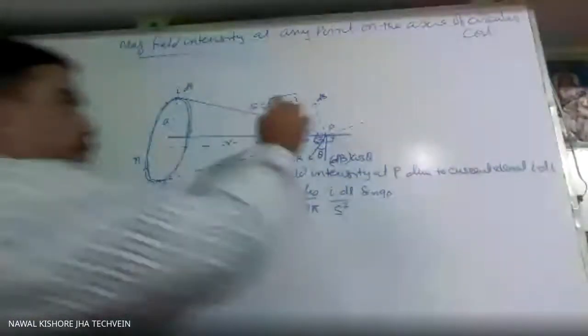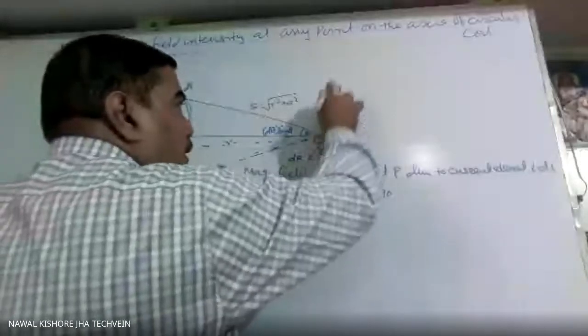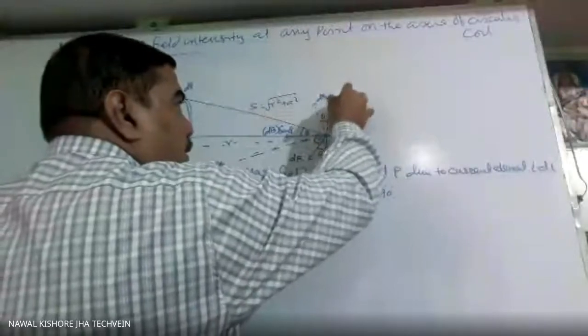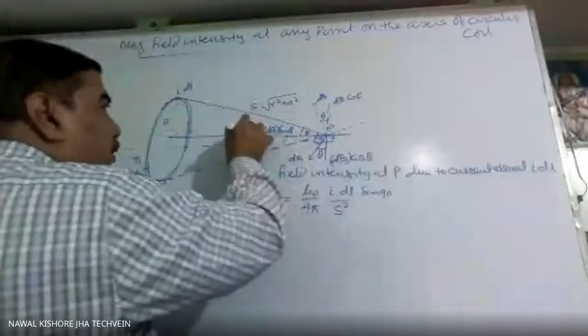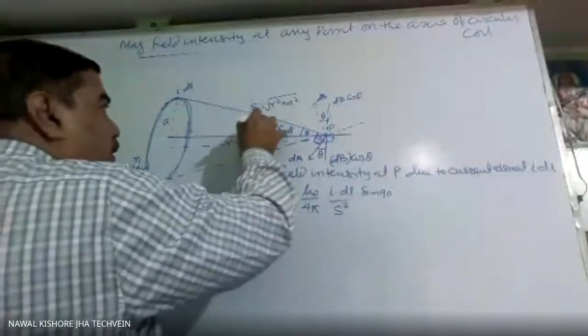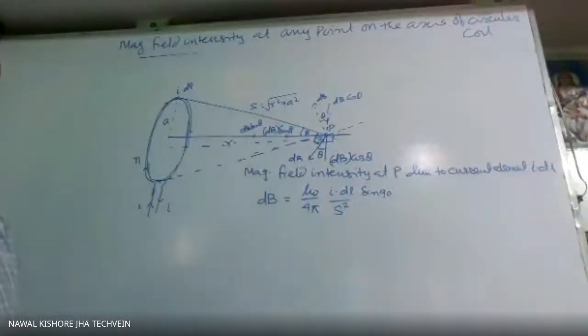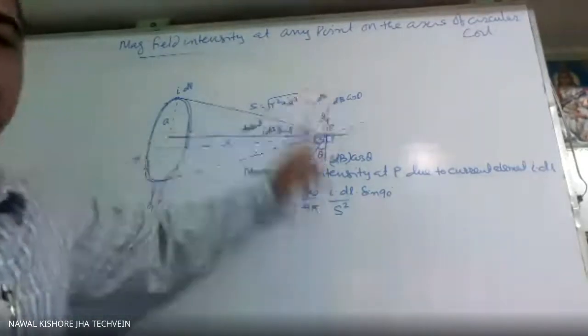Now, if we break this one into components, this is again theta. So this is dB cos theta, and this one will be dB sin theta. What we want to show is that this dB cos theta will be cancelled.